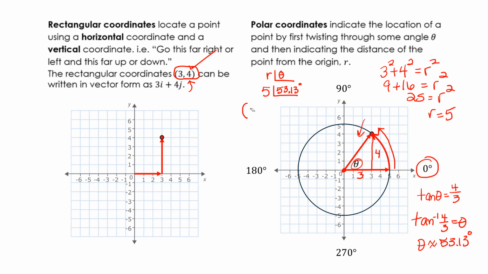A more normal way to do it is 5 comma 53.13 degrees, like that. But since we have to deal with this a whole lot, I think we'll probably just use the book's notation, even though I'm not sure how standard that is. So that's polar coordinates. It's just another way of talking about how to get to a point in the XY plane.